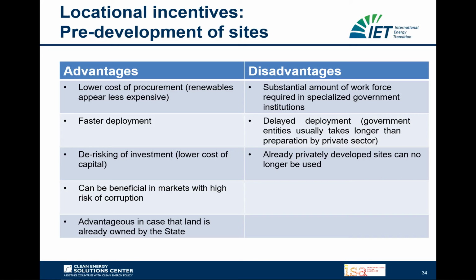They might actually do this faster, because there might also be less bribery involved, because no one would want to take money from a government agency, whereas corruption might be more predominant when private project developers try to develop a site. There's of course an important part of de-risking the investment. Low cost of capital is the consequence of this. As mentioned before, this can be very beneficial in markets with high risk of corruption.